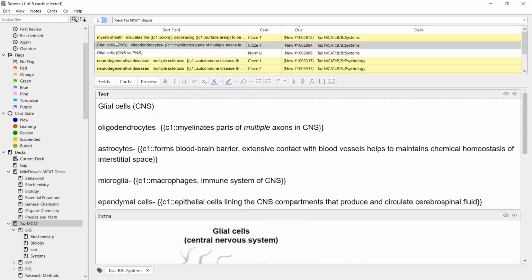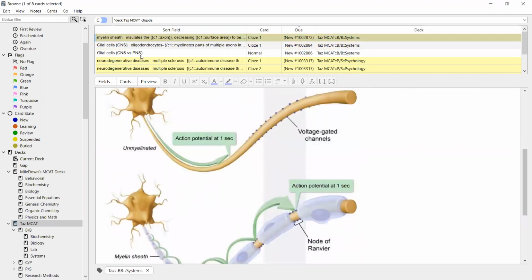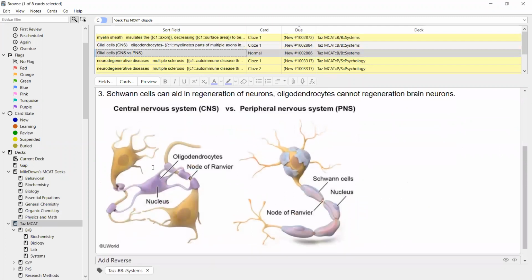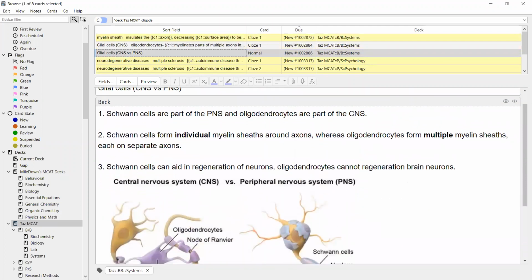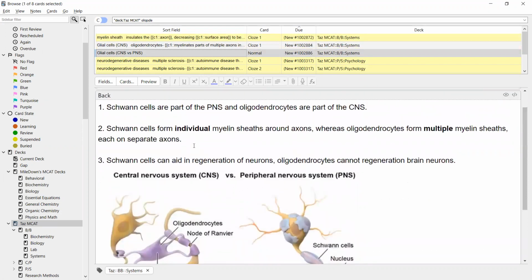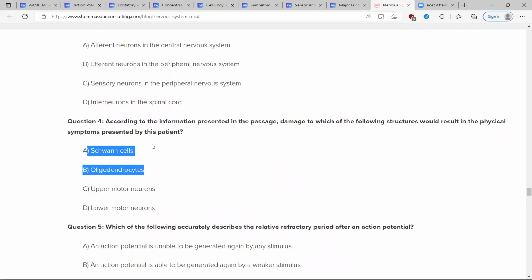I showed you guys a picture before. Here it is. So these cells are the cells that actually produce the myelin, right? So I kind of gave it away, but basically, this person had damage to their myelin, therefore one of these myelin producing cells is probably impacted, right?